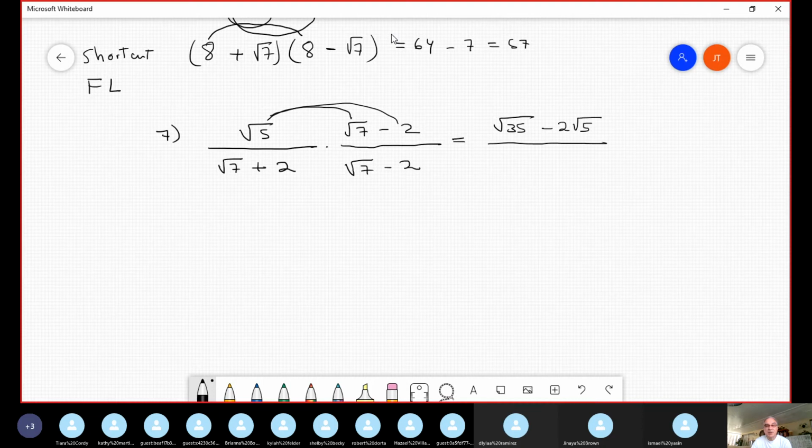Remember, totally illegal to mix the number inside the radical and outside the radical. And the shortcut here is radical 7 times radical 7 is 7, minus 2 times 2 is 4. 7 minus 4 is 3. So, radical 35 minus 2 radical 5 over 3.